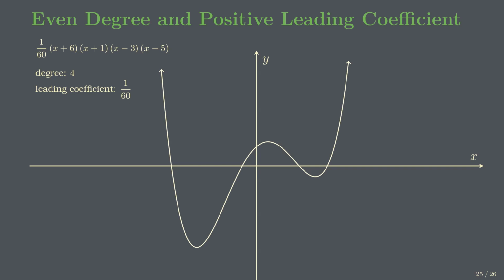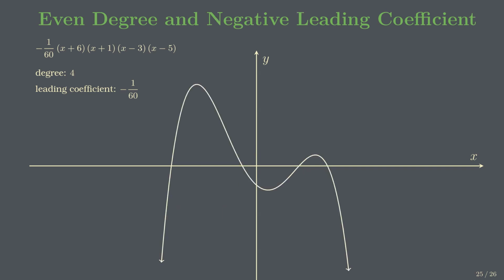And if the leading coefficient is negative, then the graph will go down, the end behavior will go down in both directions, whether x goes to minus infinity or x goes to plus infinity. Okay.